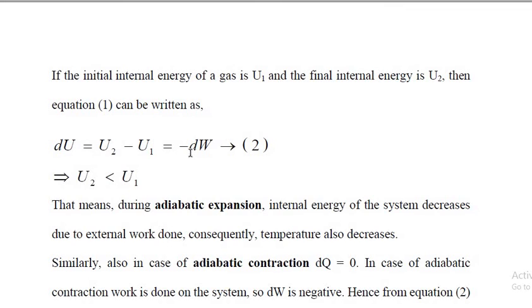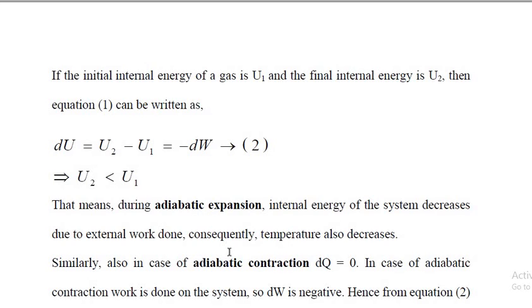So there is a minus sign. du is equal to minus dw. So internal energy of the system decreases due to external work done. Consequently, temperature also decreases. So this is in the case of adiabatic expansion.